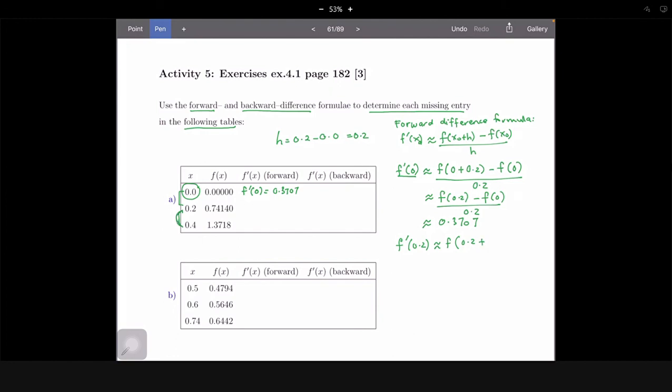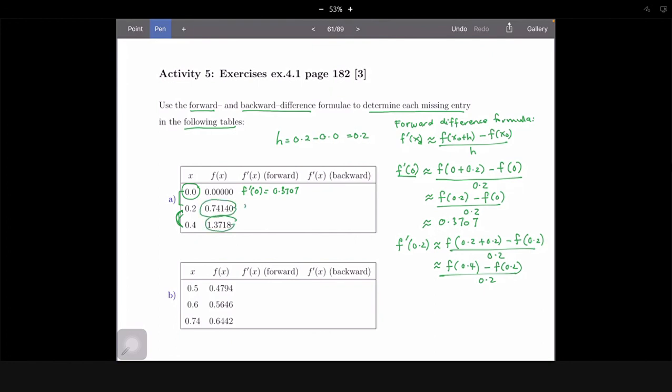The difference between ni adalah 0.2 tolak f 0.2 divide by 0.2 which is f 0.4 tolak f 0.2 divide by 0.2. Okay, so kita perlukan nilai this minus this.